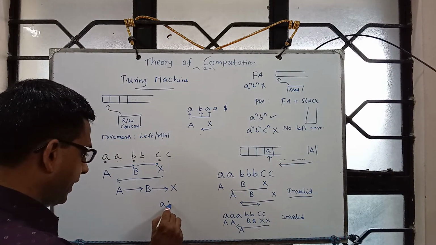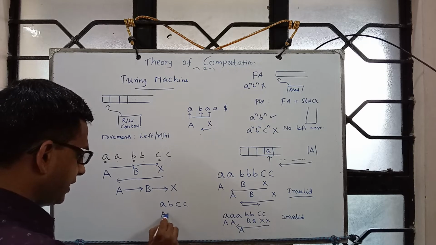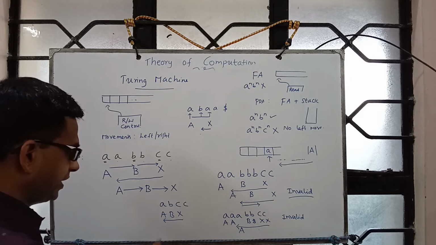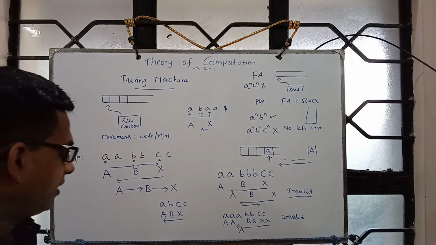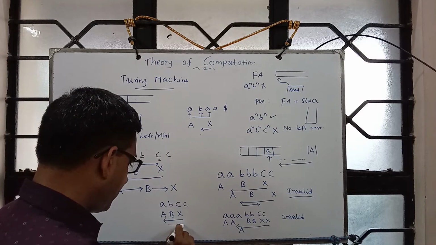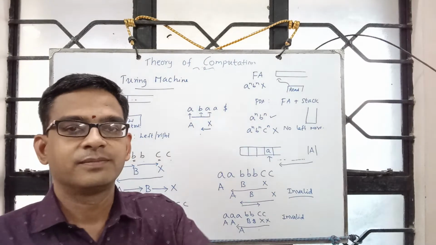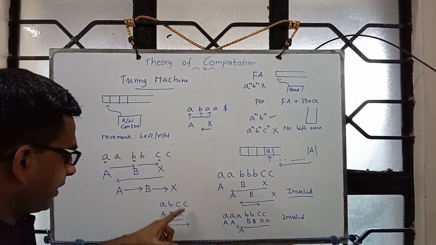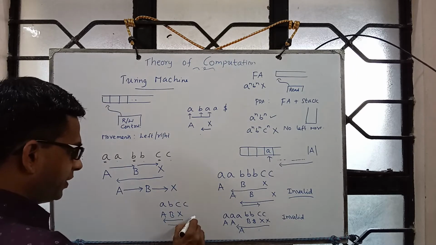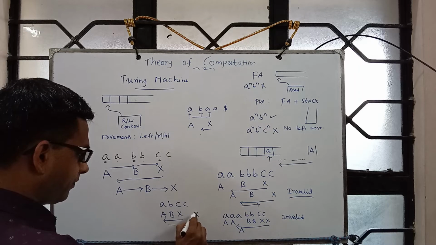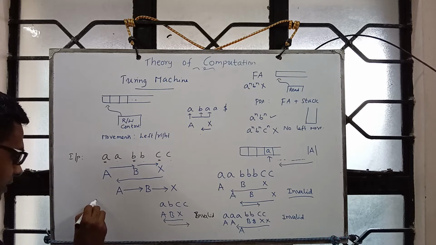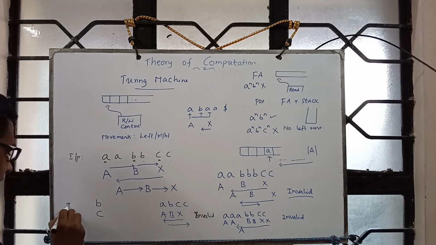So something like ABCC, you will change initially to this, and then when you come back, when you see that AB is exhausted, you move right. When you move right, you see that there is one C. So you see an excess C, and then you conclude it as invalid. Okay, on similar lines, we may start with B, or we may start with C, and all that is invalid.